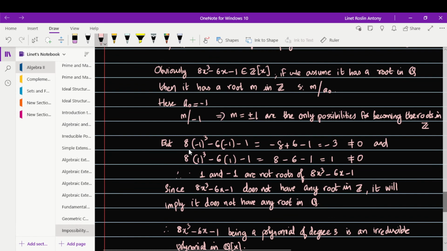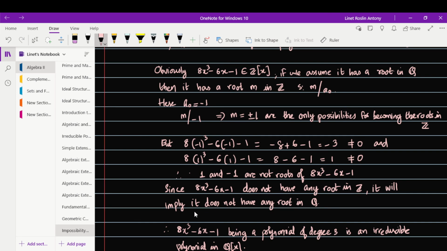But when we substitute minus 1 in the polynomial, we get that to be equal to minus 3, which is not equal to 0. Similarly, if we substitute 1 in the polynomial, we are getting that to be equal to 1, which is also not equal to 0. So 1 and minus 1 are not roots of this polynomial we got. They were the only possibilities for becoming the roots of this polynomial, but they are not roots. So that means this polynomial 8x cube minus 6x minus 1 doesn't have any root in Z.